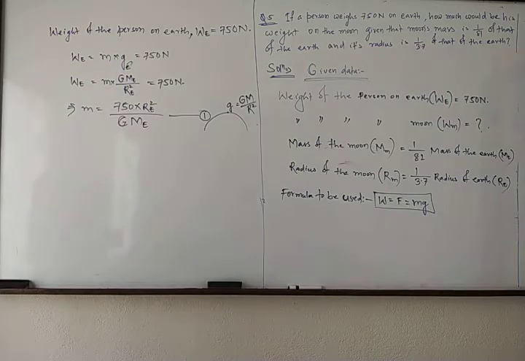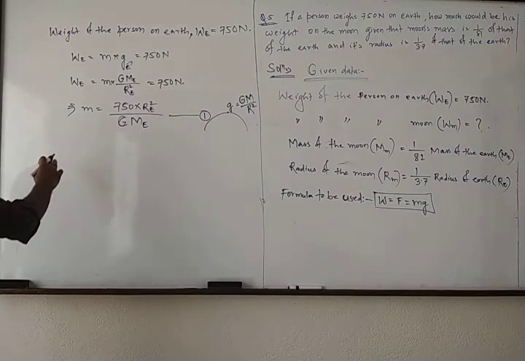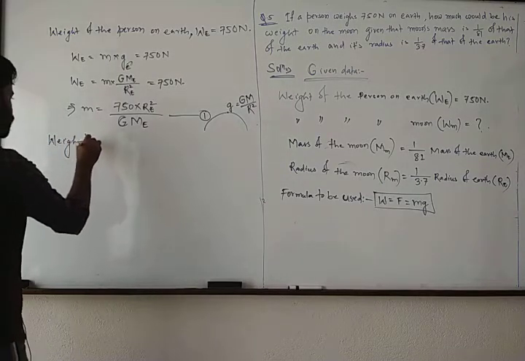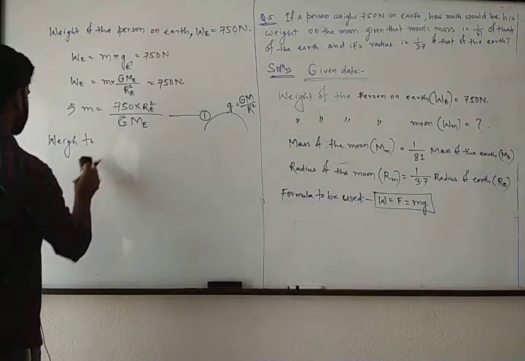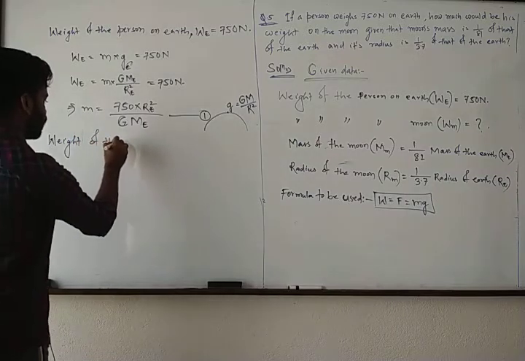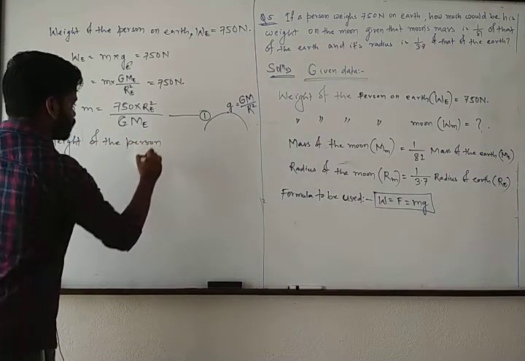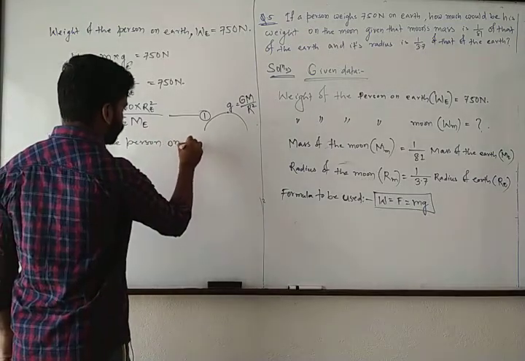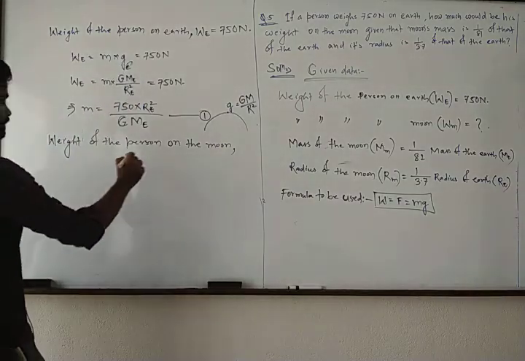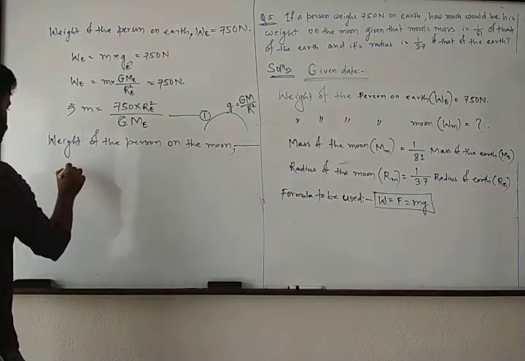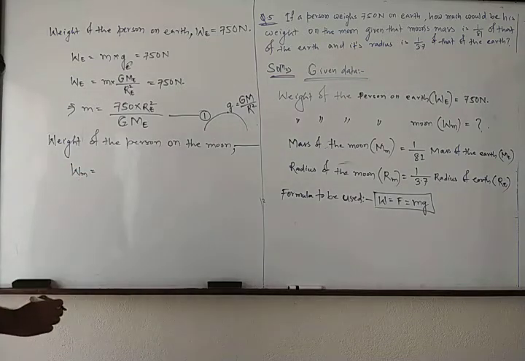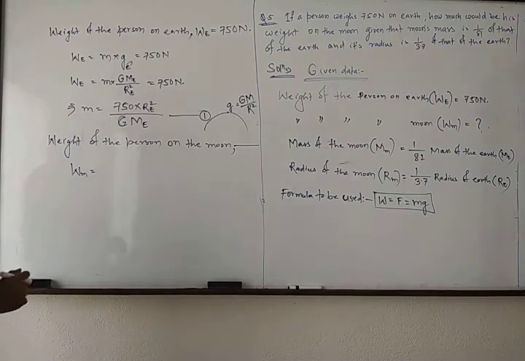Now we have to calculate the weight of the person on the moon. So let me write: weight of the person, subscript m, represents the weight of the person on the moon.